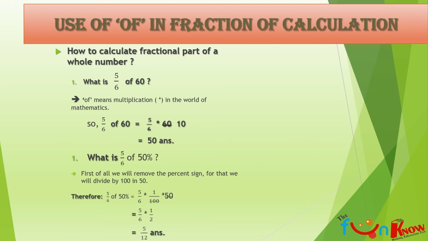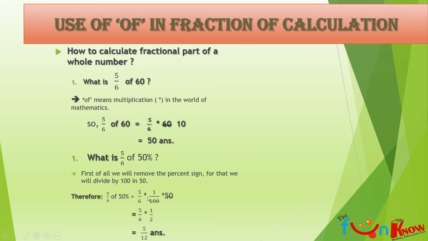So you have to be very to the point, students, to understand what the question is. Does the question include a percentage sign? Because a single percentage sign will make a big change in your answer. If it is a percentage sign, then you have to remove it.